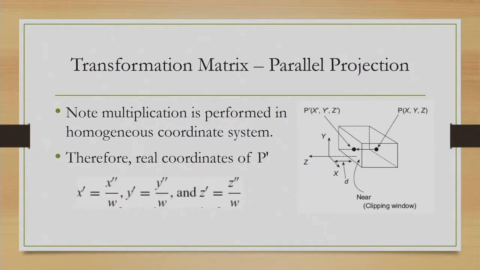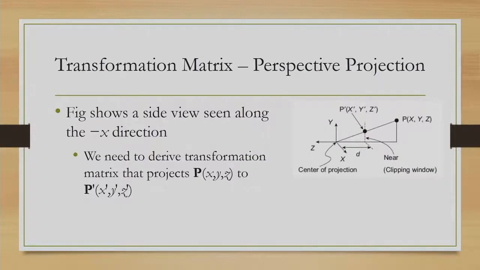So, the multiplication is performed in this homogeneous coordinate system, and the real coordinates of P dash should be obtained by dividing it with the homogeneous factor W. Now, we shall see later that in case of transformations W need not be 1. So, we require division. We will see some examples later where W is not 1, unlike in the previous transformations where the homogeneous factor was 1. Now, let us see perspective projection.